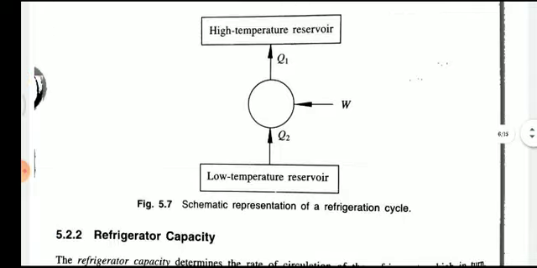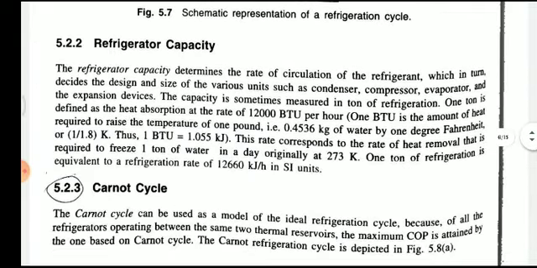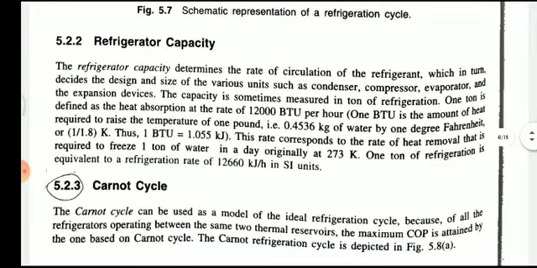Now the next one is the refrigeration cycles, all these types of refrigeration cycles. So let's see refrigerator capacity.